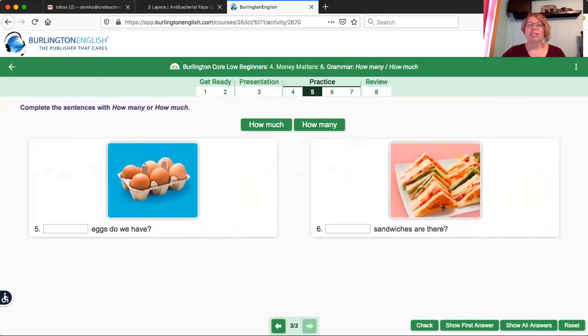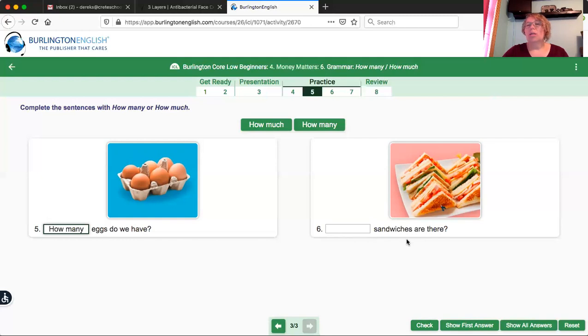All right, one more example of practicing. We have eggs and sandwiches. What question words do you use? ¿Cuál palabras por preguntas? What about eggs? Can you count eggs? Yes. 1, 2, 3, 4, 5. I use how many because I can count eggs.